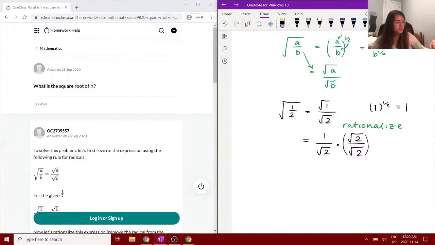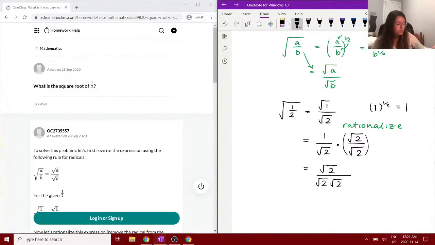It will just rationalize the factor we're looking at, okay? A long-winded explanation, but to multiply, we get square root of 2 on the top, and in the bottom, we get square root of 2 times square root of 2.